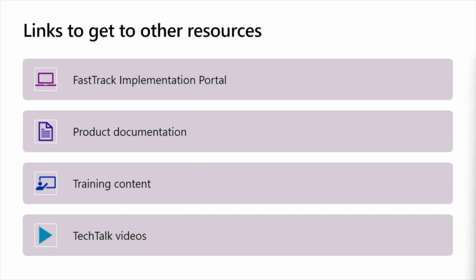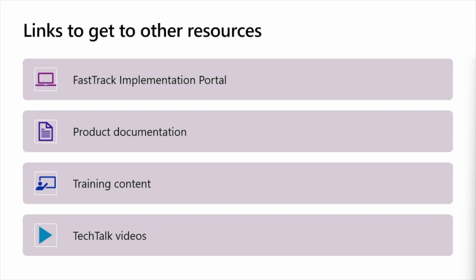And lastly, and this is by no means a comprehensive list of all the different links available, these are some of the high-level items that are available in the Guidance Hub. We have links to the Fast Track Dynamics implementation portal, the product documentation, training content, and Tech Talk videos, to name just a few examples.